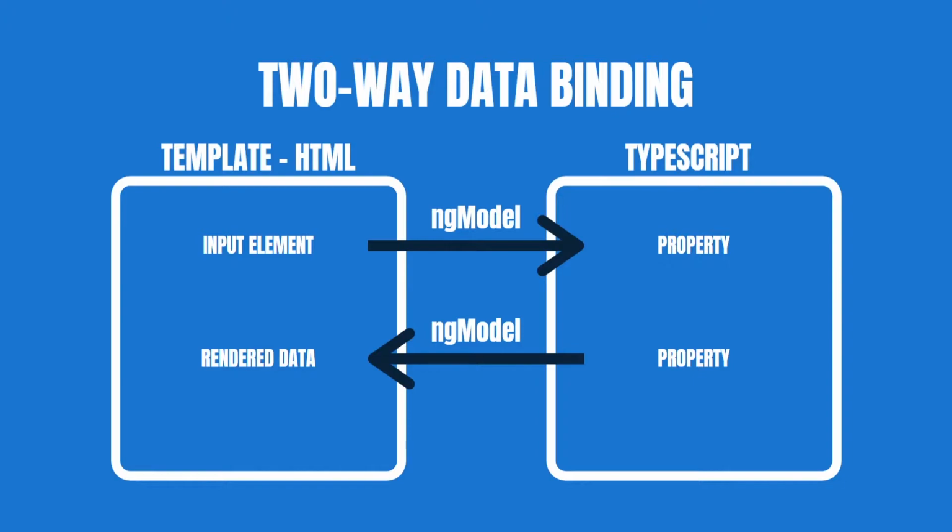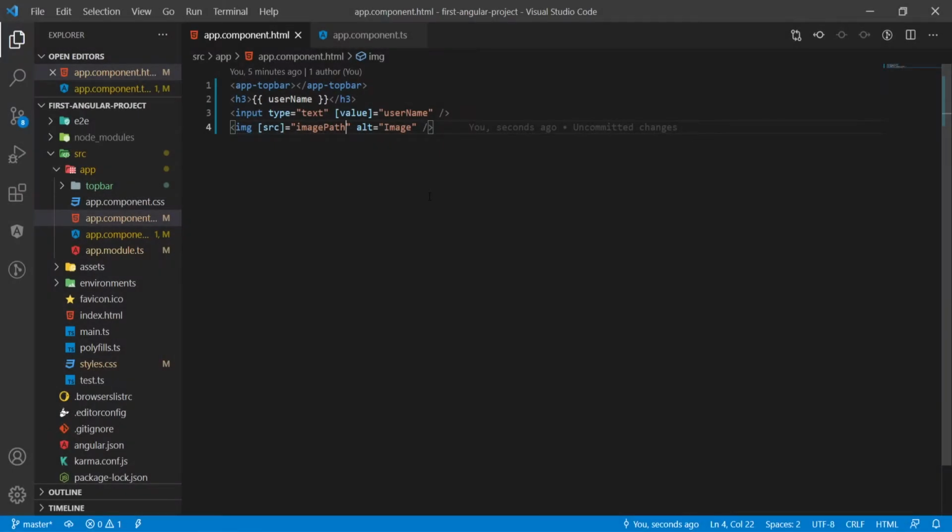We could bind NgModel to some property and send that data from NgModel to, let's say, a post route request that we could have, or we could bring that property back with NgModel again and render that data.